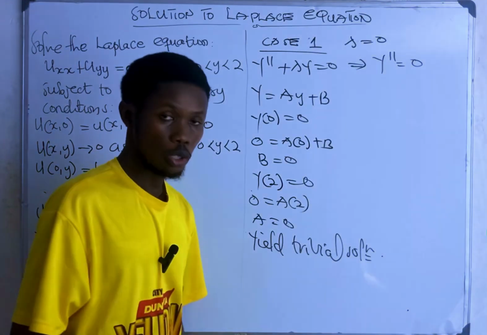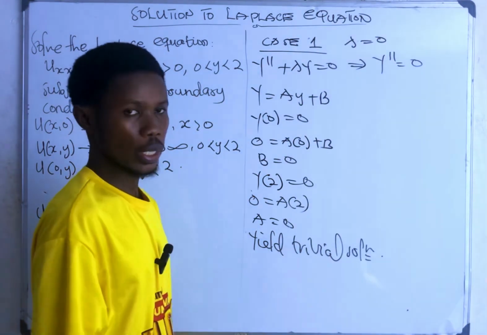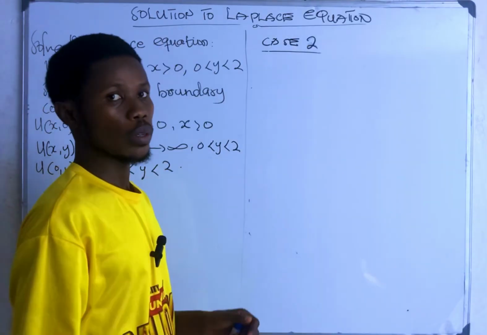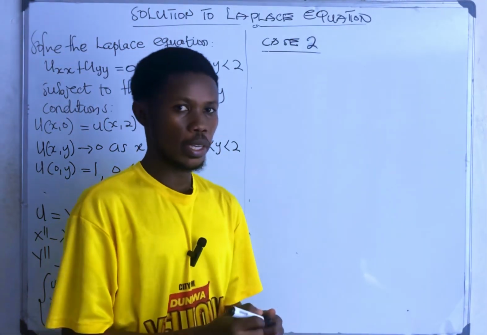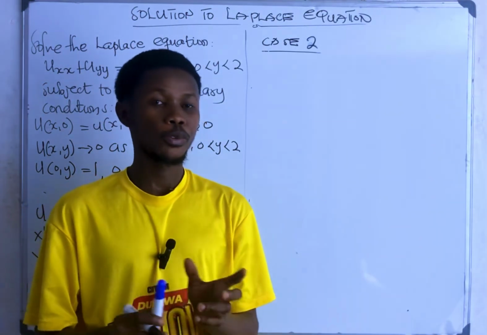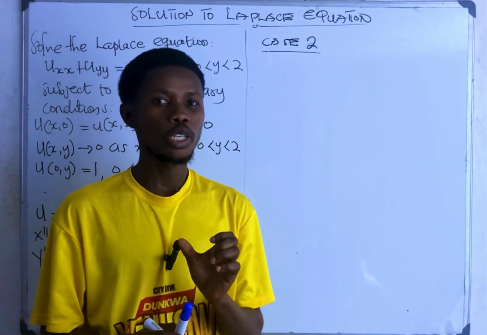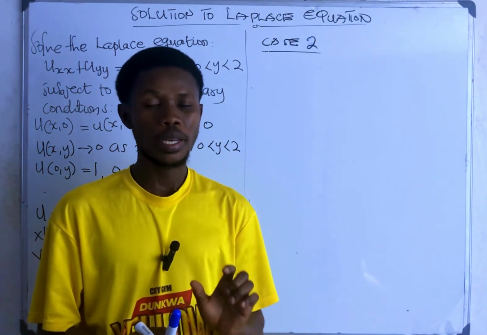Okay, so let's move to the next case. I'm going to clean this for the next case because of the size of the board. Now case number 2. When we are dealing with the wave and the heat equation, case number 2, we usually consider when lambda is greater than 0.